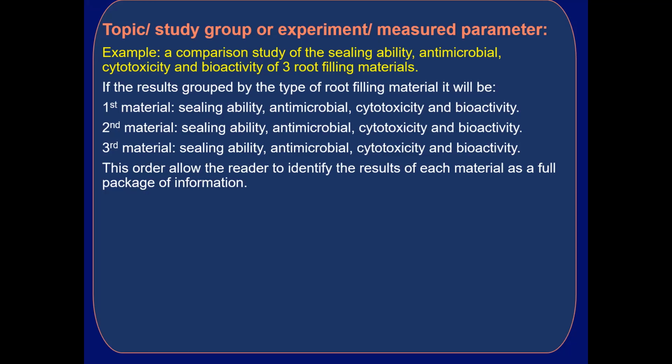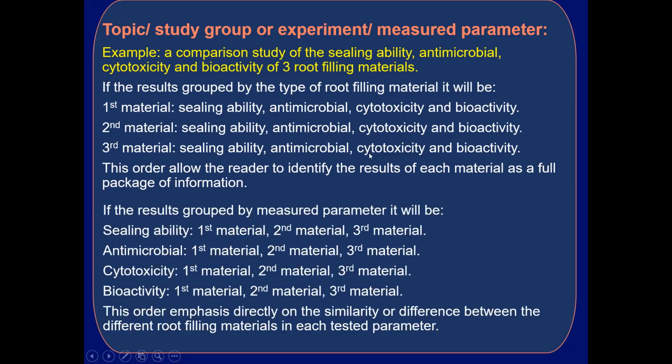Okay, this is if we want to talk about the type of the materials. But if we want to talk about it in a different way, grouped by the measured parameters, it's not about the type of the materials. The main things would be, for example, the sealing ability, the difference between the three of them, the antimicrobial, the main differences between them, the cytotoxicity, the difference between them, and the bioactivity, the last one.